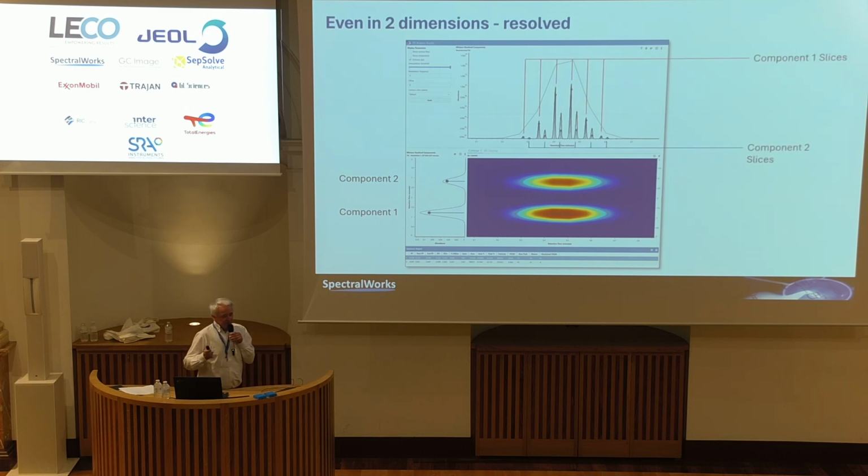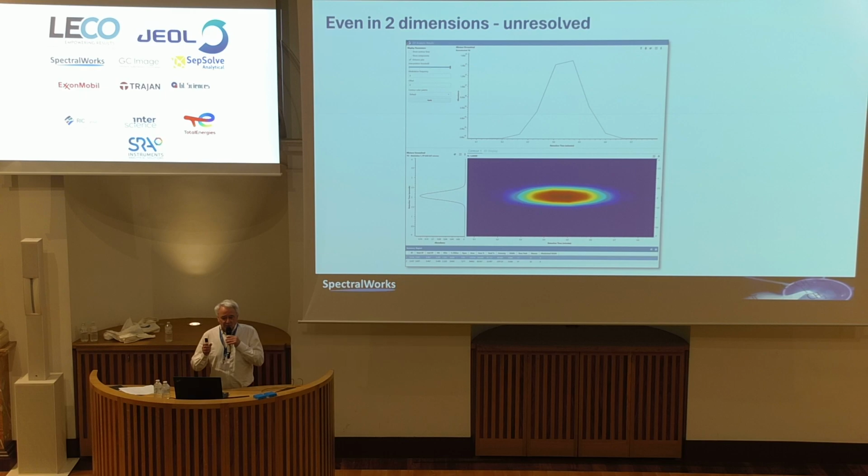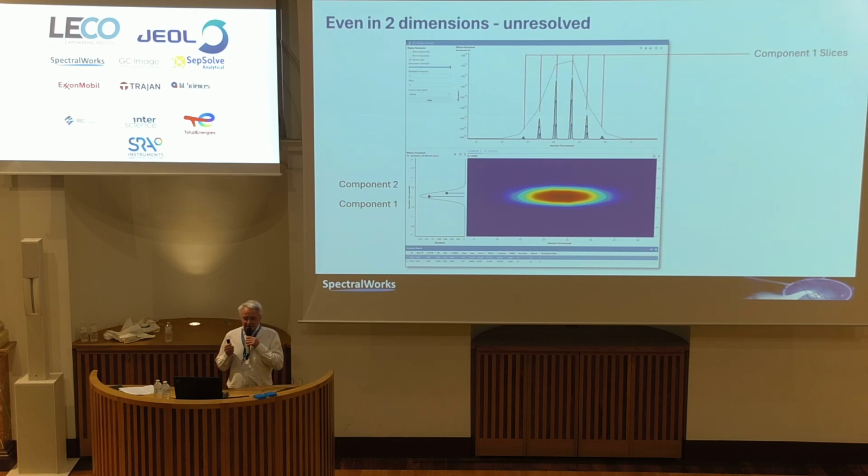We can look at component 2 slices as well, so that we're able to differentiate them from the 1 dimension. When this goes to closely eluting components, we can still do the same thing in that we see the 1D component slices and the 2D component slices.